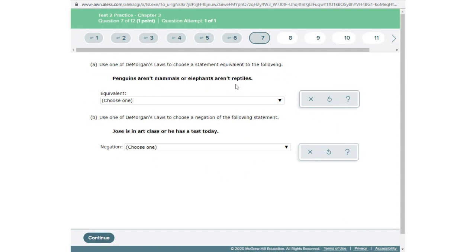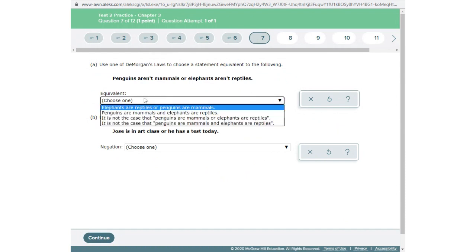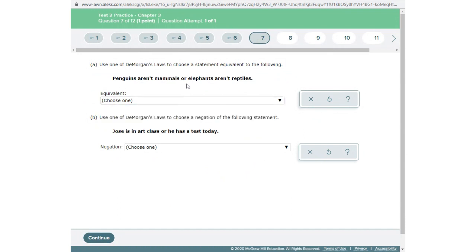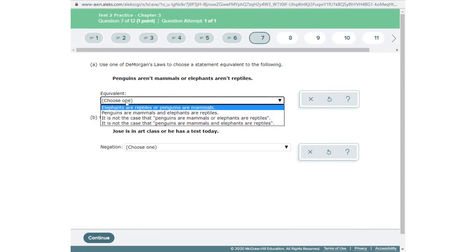So what happens when we do that? Well, when we expand out to the equivalent statement, we're going to have that negation in front of everything. So it's got to be, it is not the case, one of these two. And what happens when you do that is the or becomes an and. So it is not the case that penguins are mammals and elephants are reptiles.